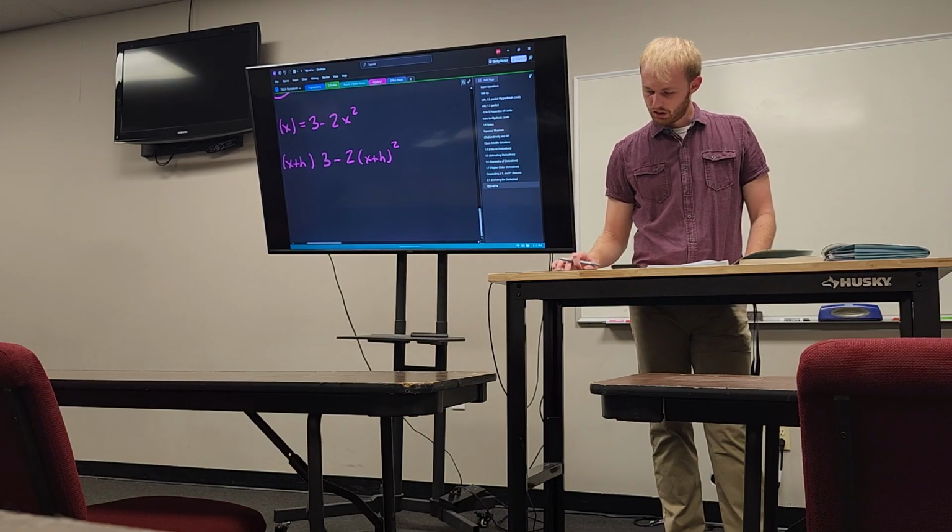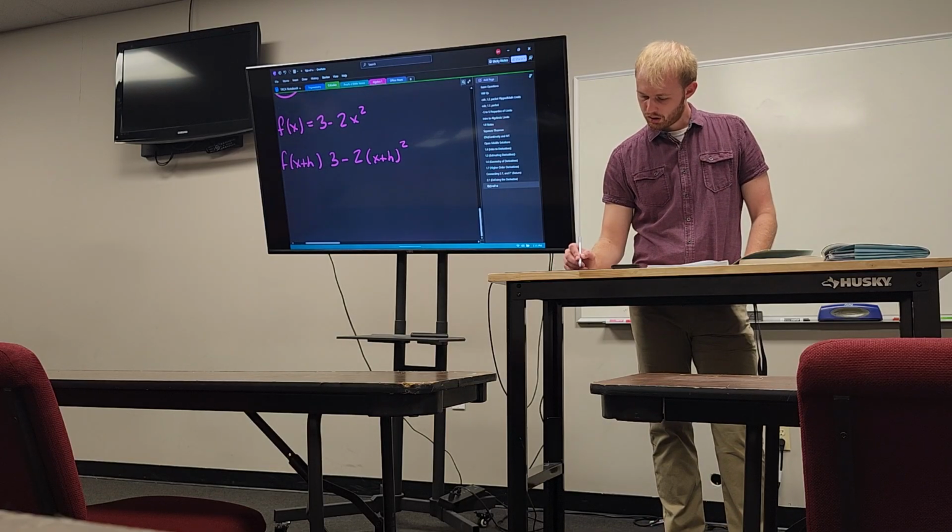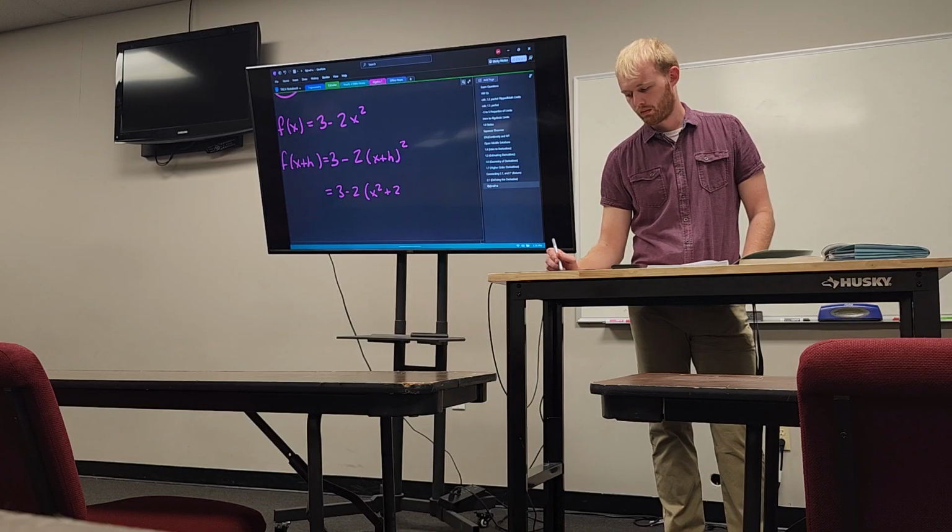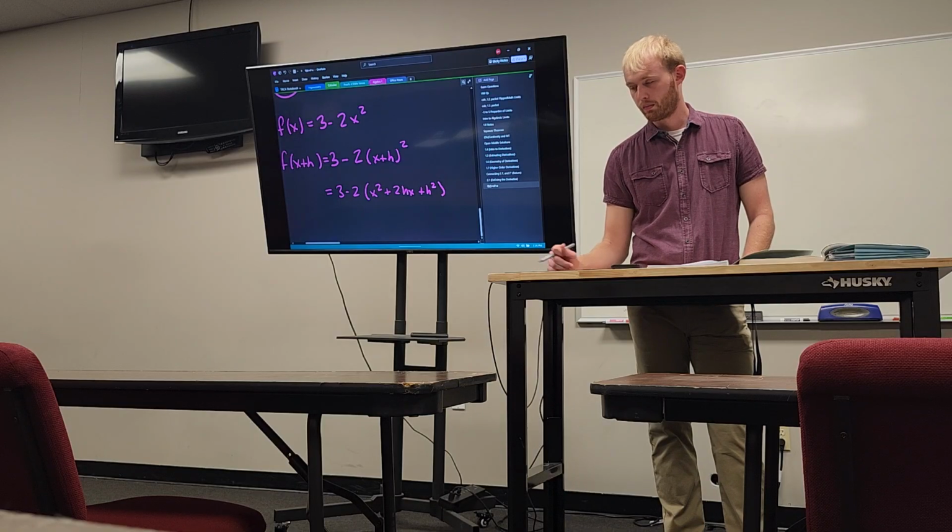So negative 4x minus 2h. Wait, no, it'd be negative 3x, right? Negative 4x minus x squared minus 2x squared. Your 3's should cancel. Yeah, my 3's canceled. It'd be negative 3x squared, right? You shouldn't have any squares left when you're done.